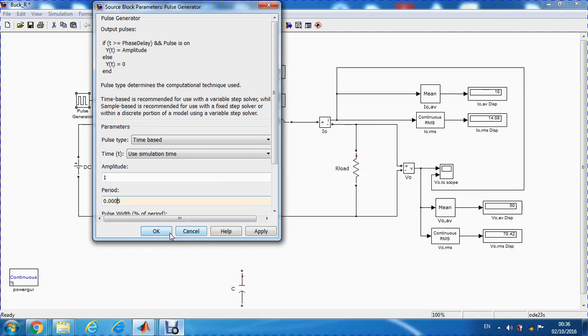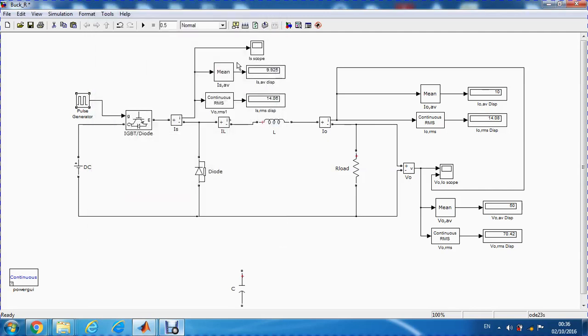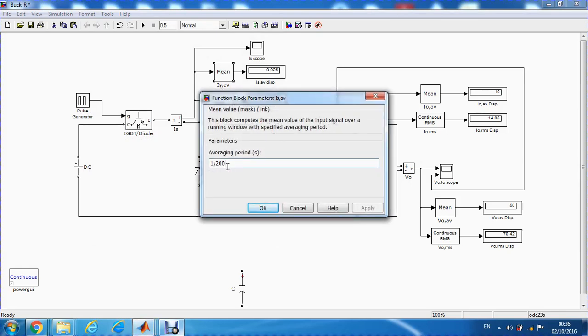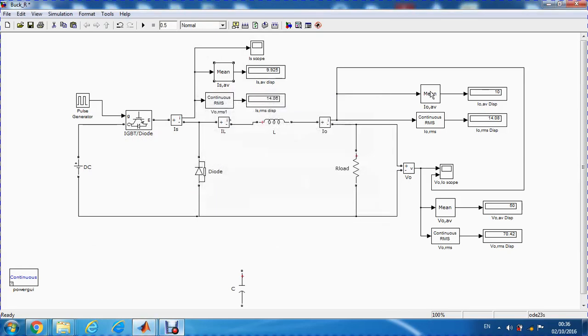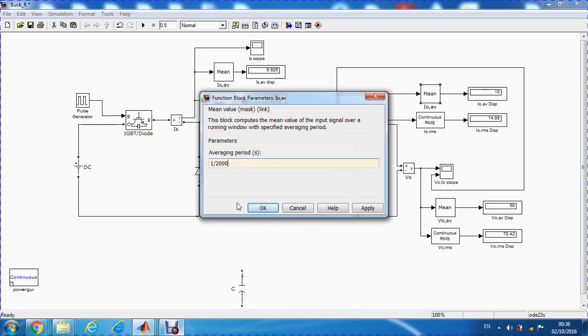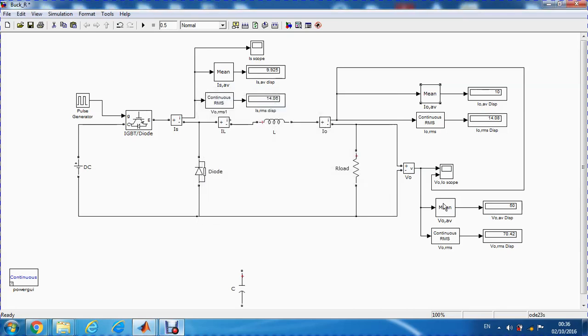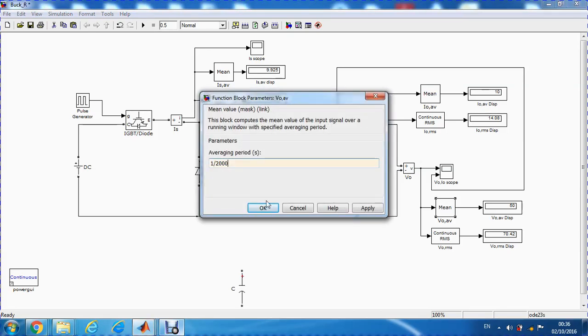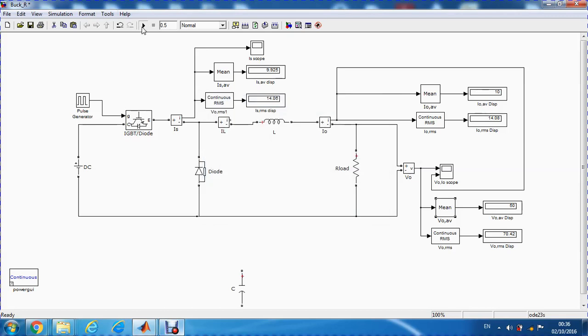So now we are increasing the frequency up to 2000 hertz. And of course we have to change the period. The integrating period here to 2000, and then this one to 2000. And we will run the simulation again.